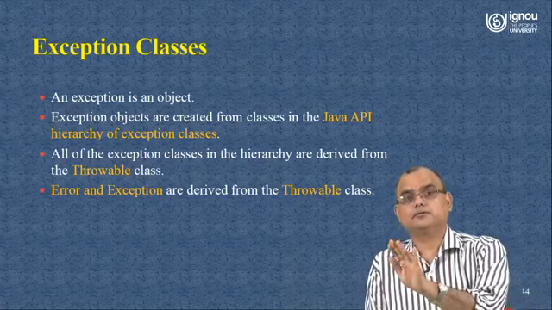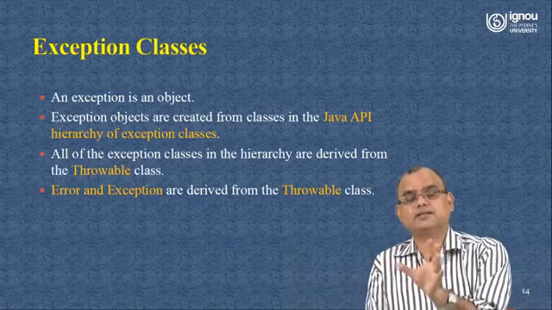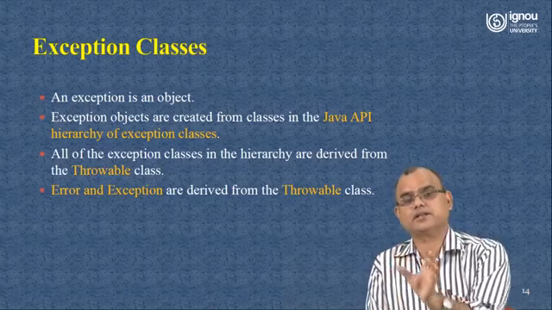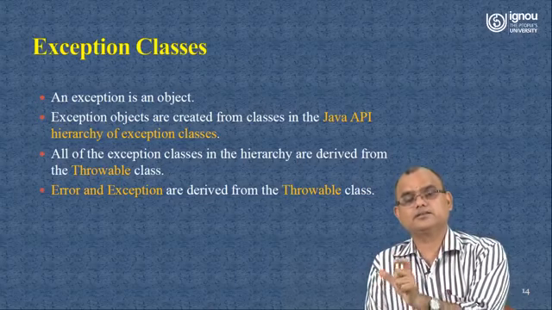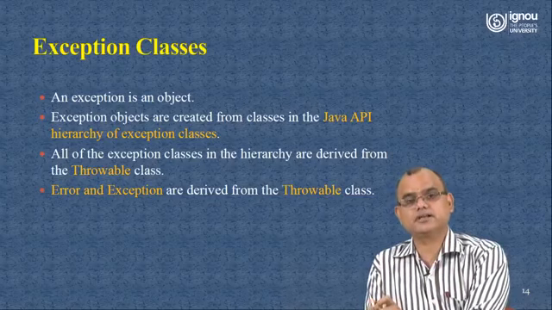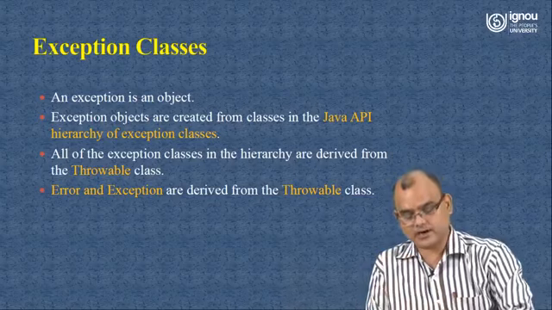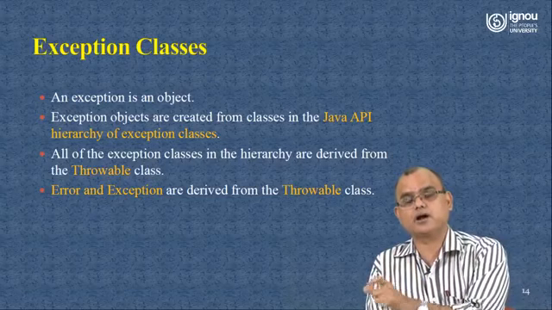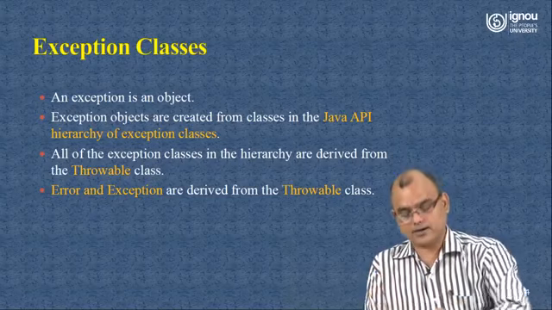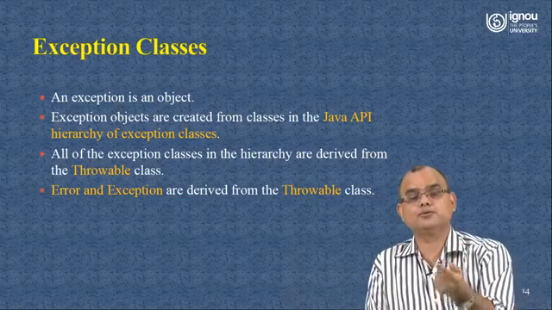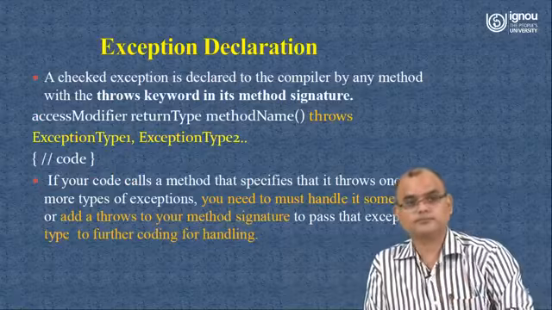Now Throwable divides things into two categories: one is the error, another is the exception, and exception again is divided into two categories: one is the IO exception, another is the runtime exception. So we are more interested in runtime exceptions, and in any case if any exception occurs in that category, either we have to handle it or we have to throw it using the throws clause.